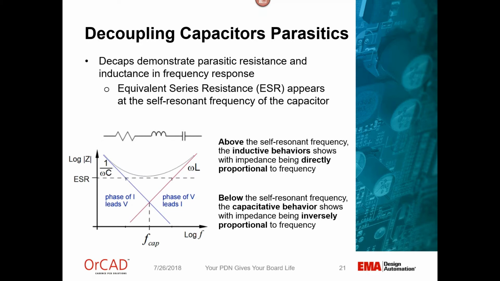Before that frequency, we see the capacitive behavior, the 1/C. So as we increase the frequency, our decap provides decreasing impedance until we get to the self-resonant frequency. And beyond that, it actually provides more impedance due to the inductive parasitic behavior. So be aware that when you're using decaps, you are adding more impedance at a higher frequency.